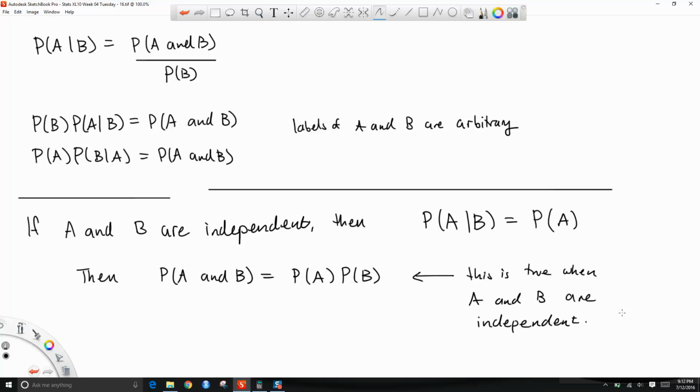Okay, and I think we're actually accustomed to this rule, and let me just kind of expand this.